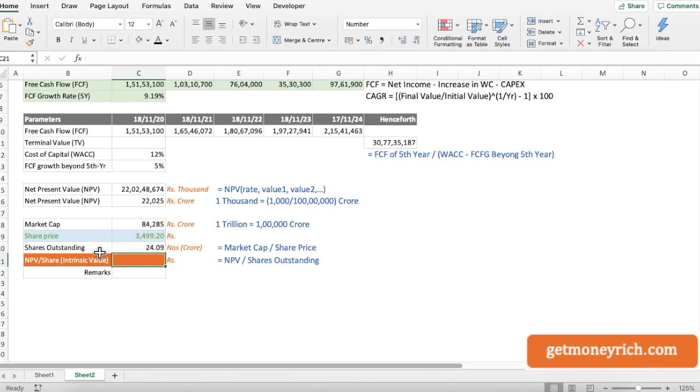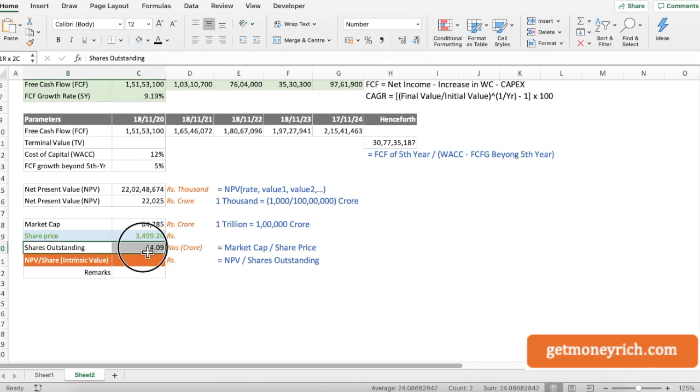Enter. So this number is shares outstanding, meaning the number of shares of Britannia Industries that are outstanding in the market for trading. So for Britannia Industries, 24.09 crore shares are outstanding in the market, which you, me and everybody can trade in the secondary market.